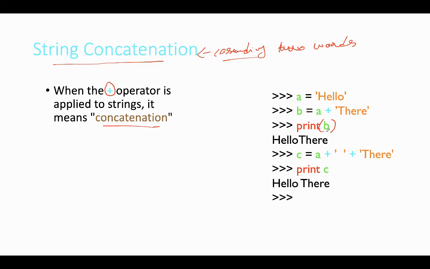The A value is hello, and the constant or direct string you are putting here is there. So both will be added and printed on your console. This is your output. This is example 1. Now example 2.